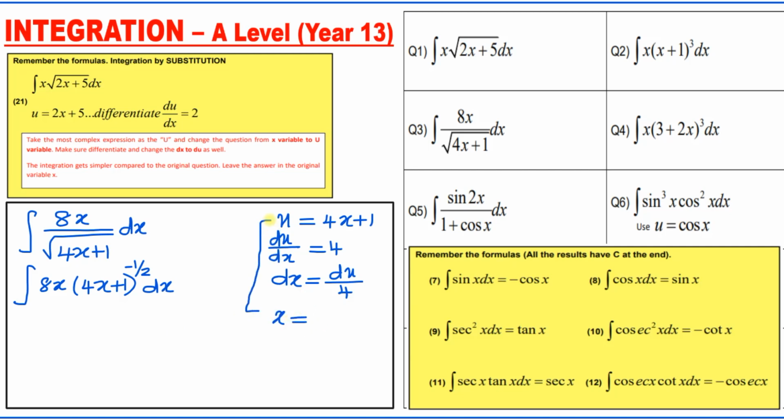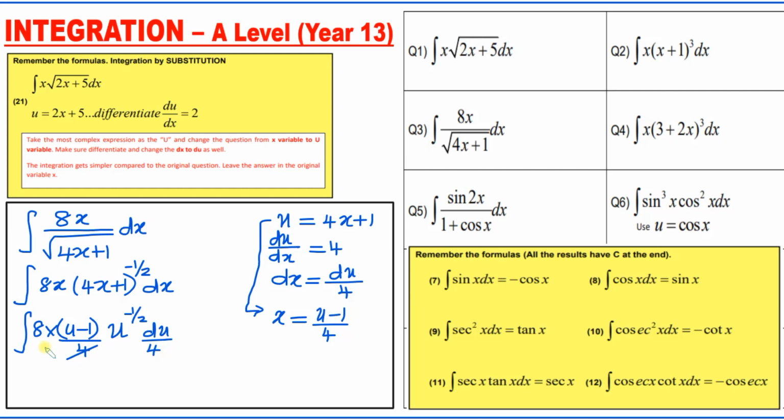From the substitution you can write x as (u minus 1) over 4, right? In that substitution you need 8 times (u minus 1) divided by 4, and now this u to the power minus half dx is going to be du over 4, right?